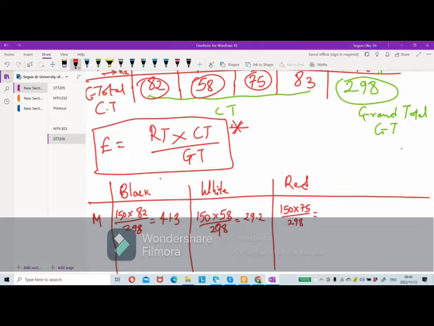What's the answer? 37.8. Then blue: 150 multiplied by the total of blue, 83, divided by 298. What's the final answer? 41.8.